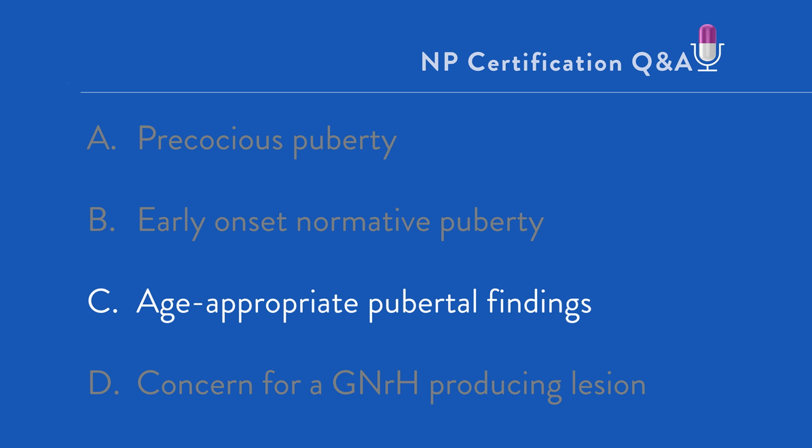As a result, the most common reason for precocious puberty in females is early onset normal puberty. In females age 6 or younger with pubertal changes, there usually is significant underlying pathology, and referral to pedi endo is the rule. With this information, let's take another look at this question.